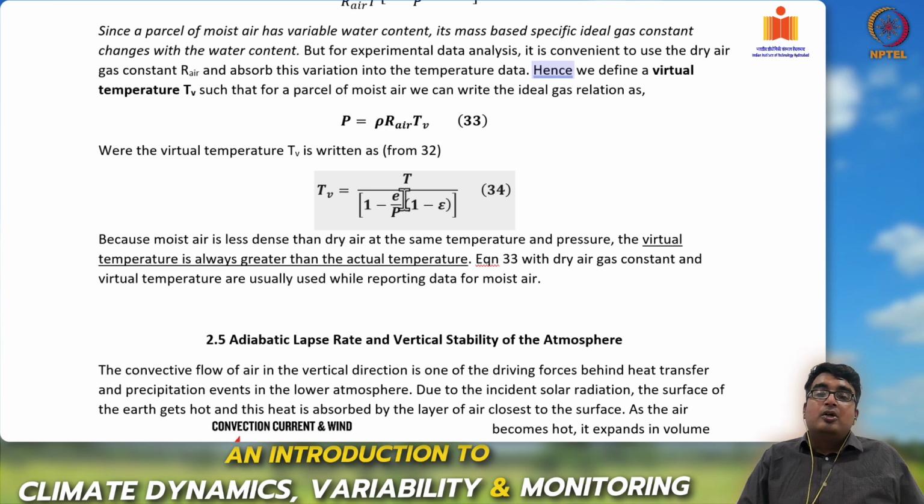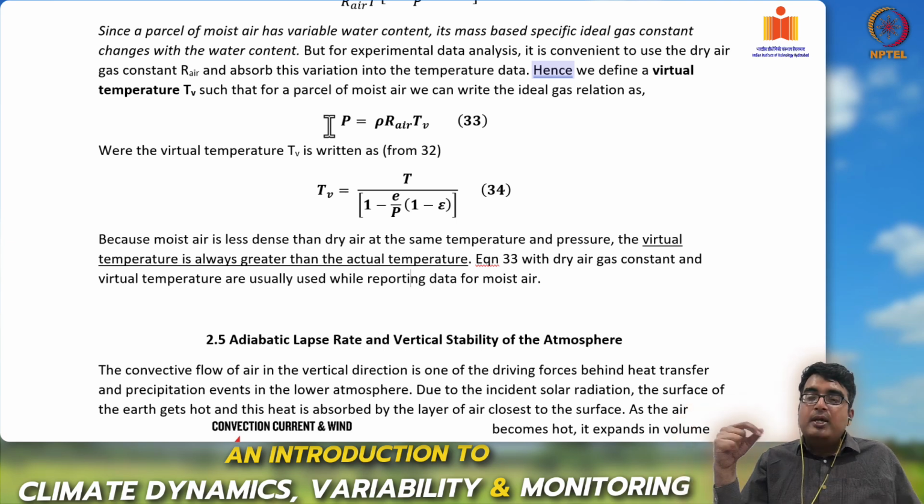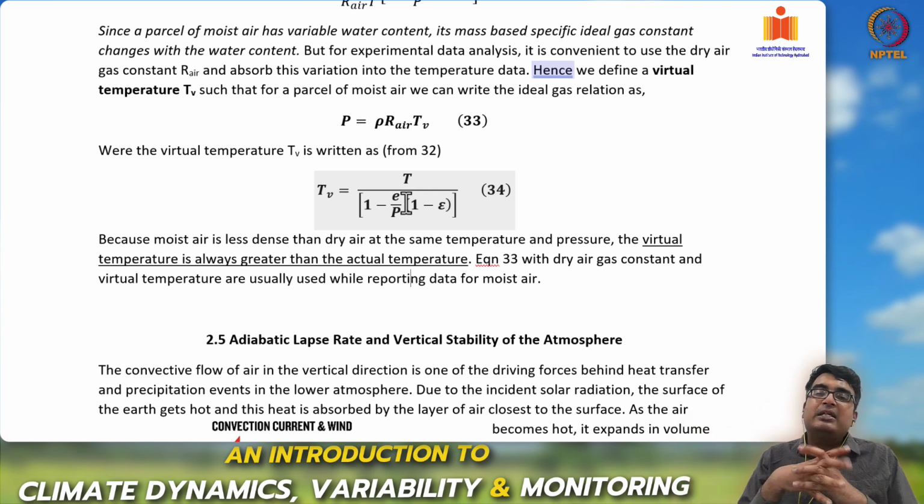So how is this used? For example, a meteorological station or an instrument can measure the temperature of air and the pressure of air, and you can cool the air and condense the water out of it to measure the mixing ratio of that air. Based on that, you can evaluate the relative humidity and hence the vapor pressure of that particular amount of air at that given temperature and pressure.